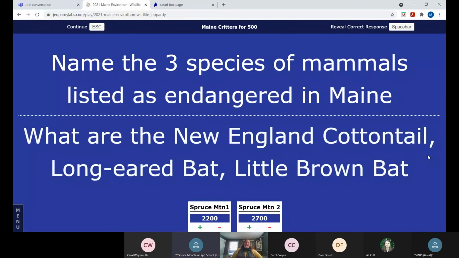Little brown bat. Little brown, which was very, very common 15, 20 years ago. They've just been decimated with the fungus, and they tend to live together in those smaller colonies in the winter.